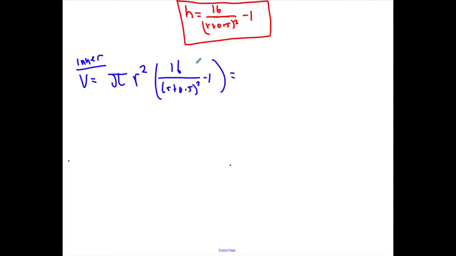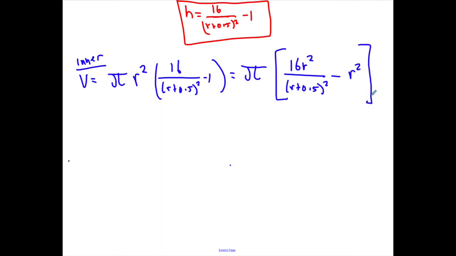I can see it would be the product rule and the quotient rule together, and I want to avoid that. So I'll distribute in the r squared. I'm going to use this bracket just to make things a little bit nicer: 16r squared over (r plus 0.5) squared minus, remember we've got to distribute to both, r squared. That's our volume just in terms of r.